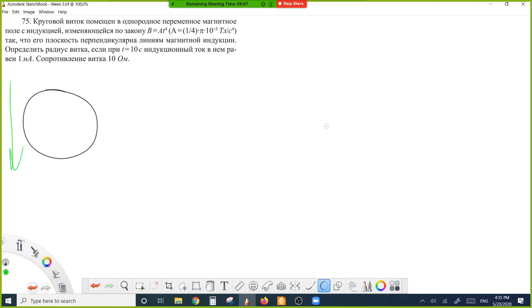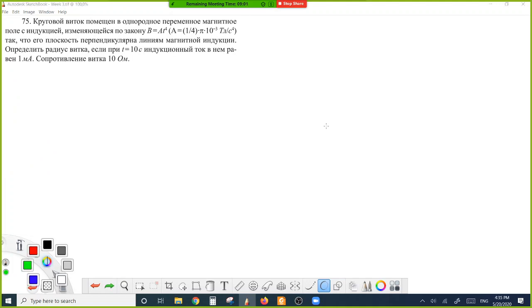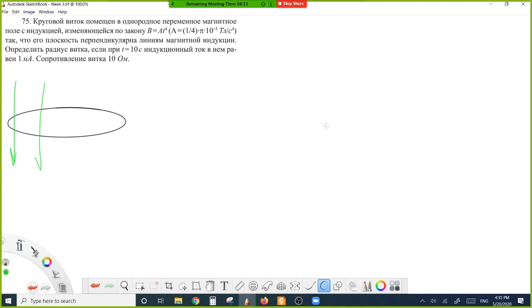Okay, one moment, let me draw it in the form of an ellipsoid. We have a circular loop, which is placed in a magnetic field with flux density defined as a t to the fourth power.